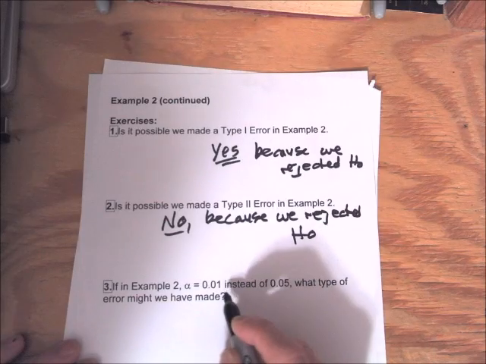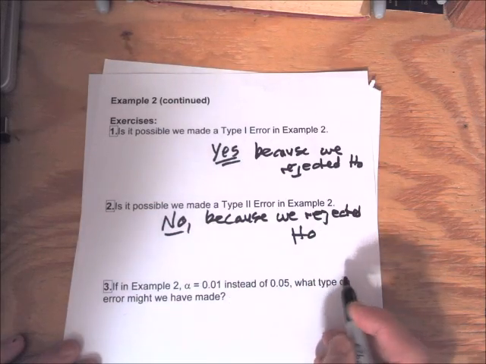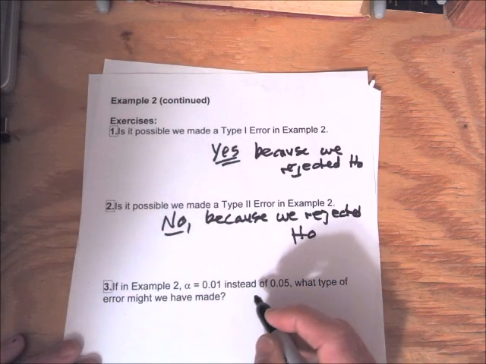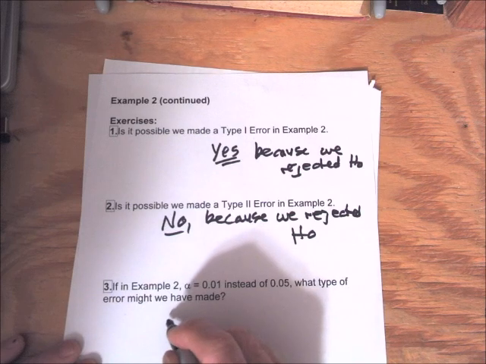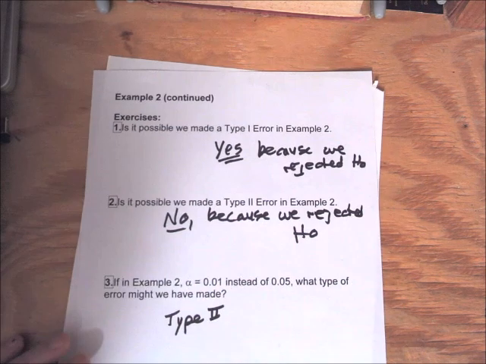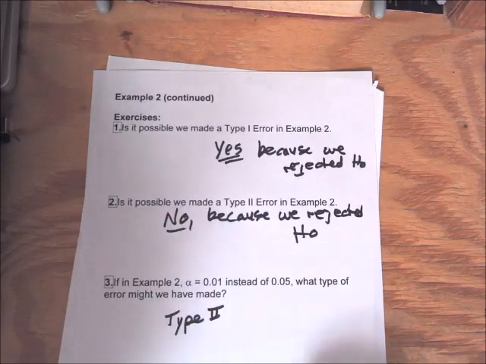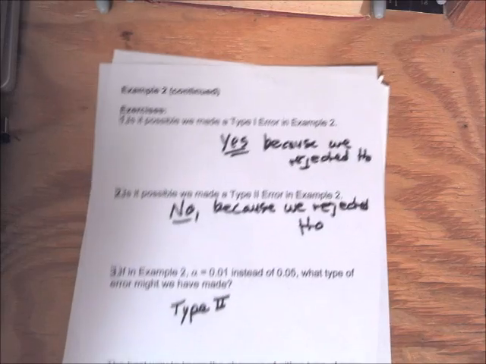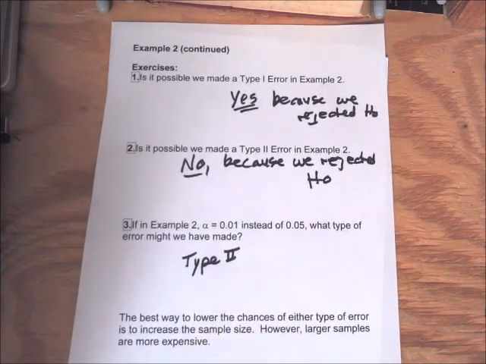If we use alpha 0.01 instead of 0.05, we might have made a type 2 error, because at that point we would have failed to reject H0 and taken a chance of making a type 2 error. And you can lower the chance of making either type of error by increasing the sample size.